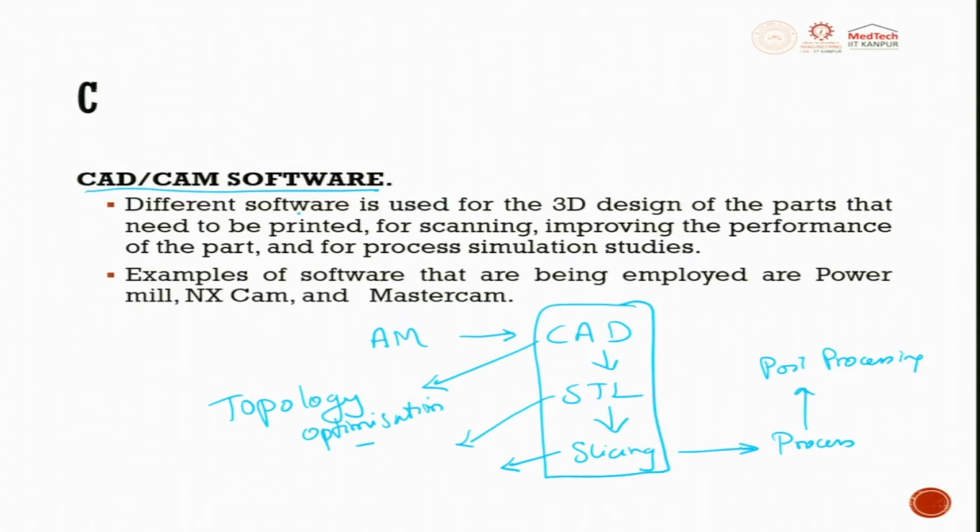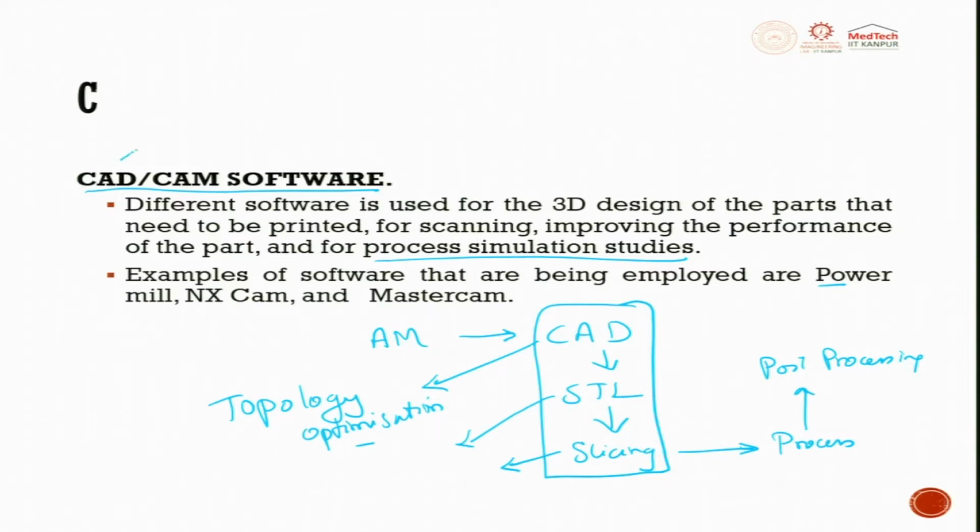Different softwares are used for the 3D design of the parts that need to be printed, for scanning, improving the performance of the part, and for process simulation studies. So, we use both kinds of softwares. Examples of softwares that are generally used in CAM are PowerMill, NX CAM and Mastercam.